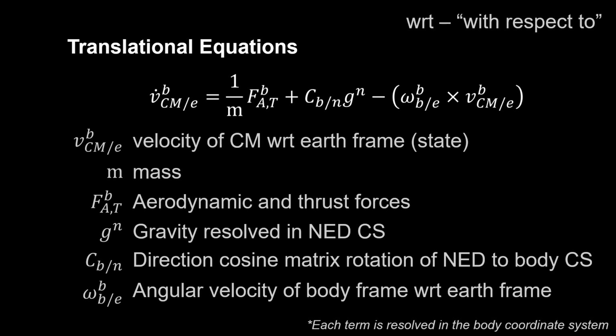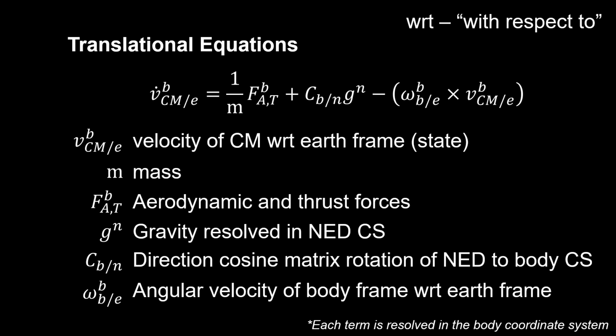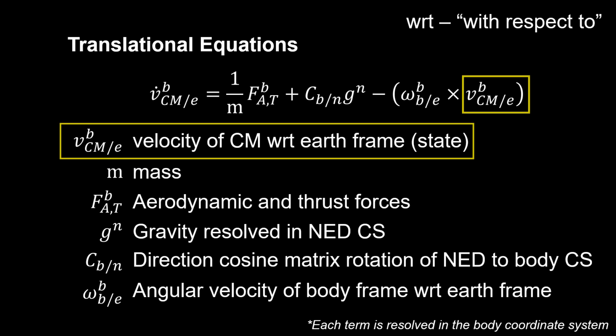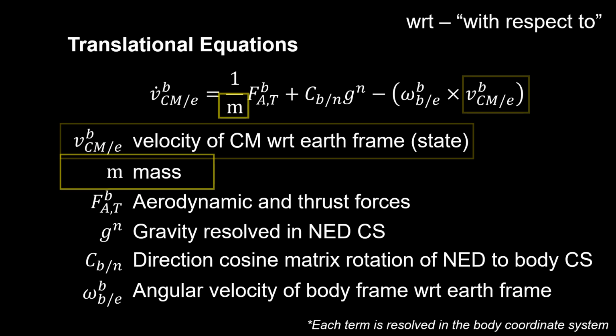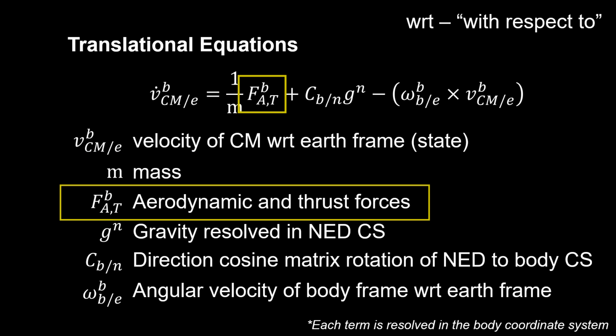Each term of the translational equations is resolved in the body coordinate system. We see the velocity of the center of mass with respect to the Earth frame. This is the state of the equations. M is mass, F is aerodynamic and thrust forces, as represented by the A and T subscripts.